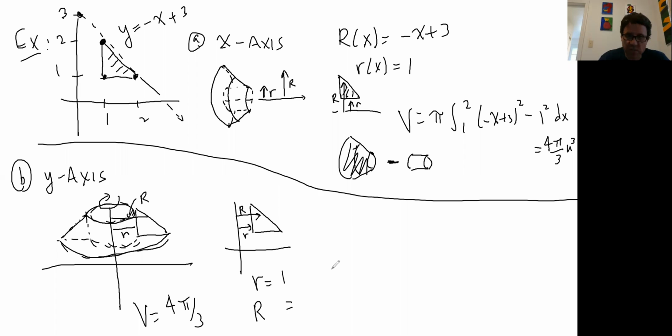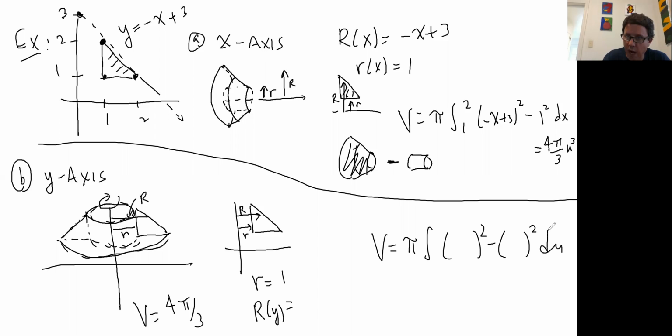The only problem is I can't write it as negative x plus 3 because I want this one now to be in terms of y. Because I know that this integral volume will be the integral of something squared minus something squared dy, because all of the h's are now horizontal instead of vertical. So everything has to be y numbers.